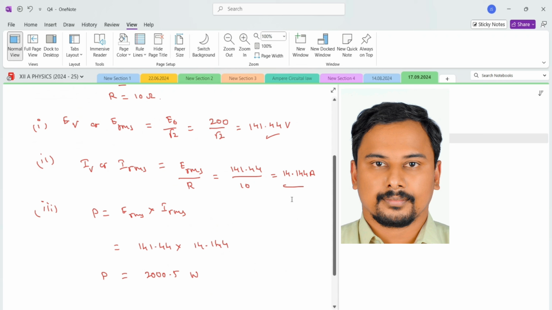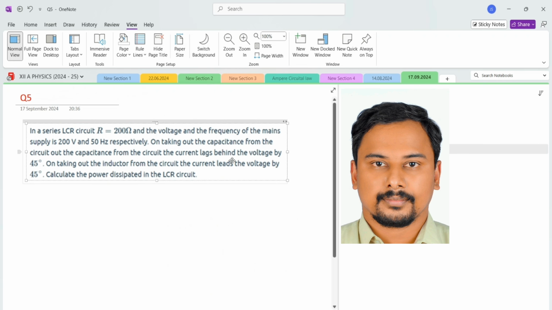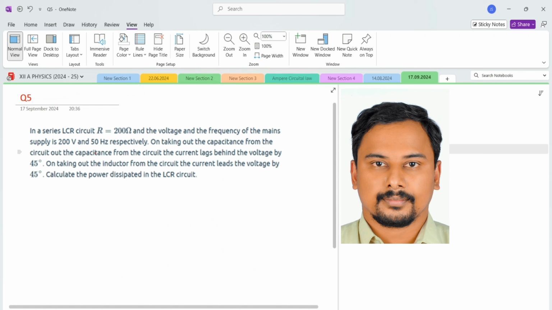Next, question 5. In the LCR circuit, the resistance is given as 200 ohms, and the voltage and frequency of the main supply are 200 volts and 50 hertz respectively. On taking out the capacitance from the circuit, the current lags behind the voltage by 45 degrees. On taking out the inductor from the circuit, the current leads the voltage by 45 degrees. Calculate the power dissipated in the LCR circuit.